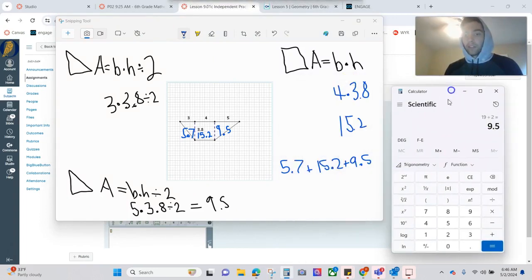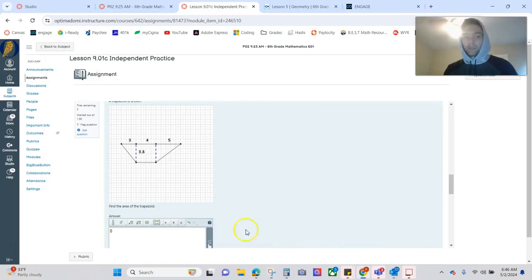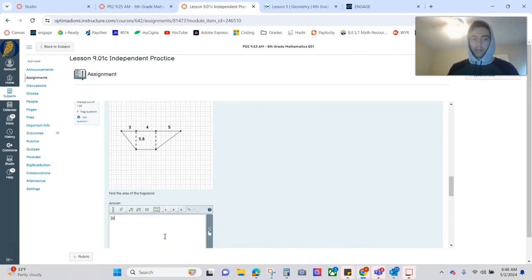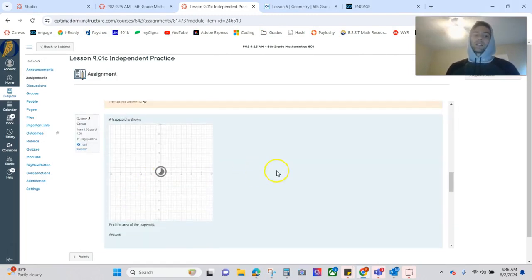Let's add these together. 5.7 plus the area of the rectangle in the middle plus the area of the triangle on the right is 30.4. That is the total area of this trapezoid. Yes.